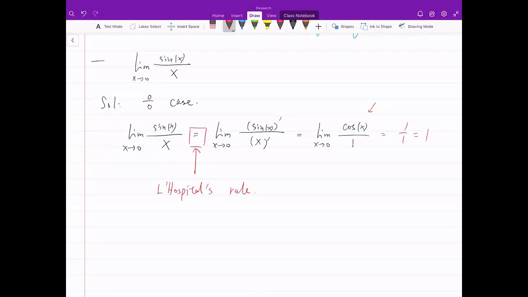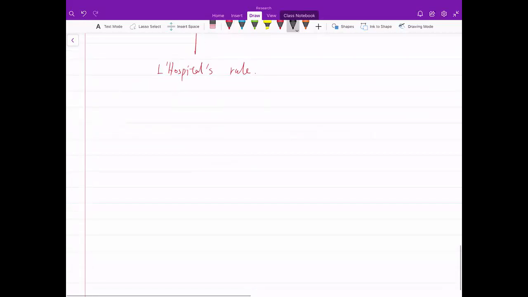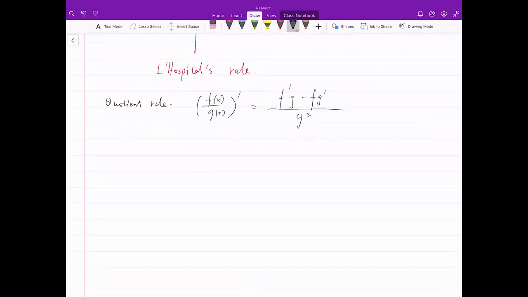Would you not have to do like the division rule? Like you just do them separately? Beautiful. This is the quotient rule. You use it when you are trying to find the derivative of this quotient. However, for L'Hopital, what you're really doing is you're trying to find the limit.